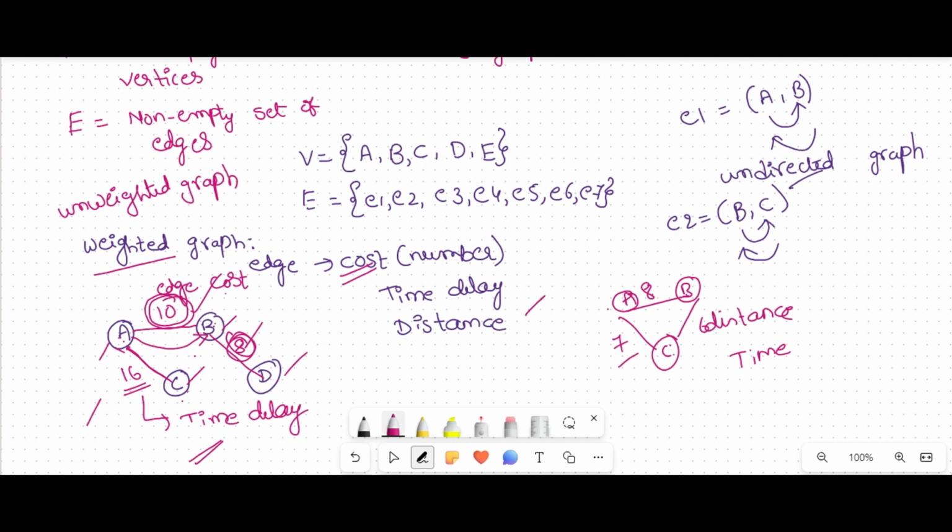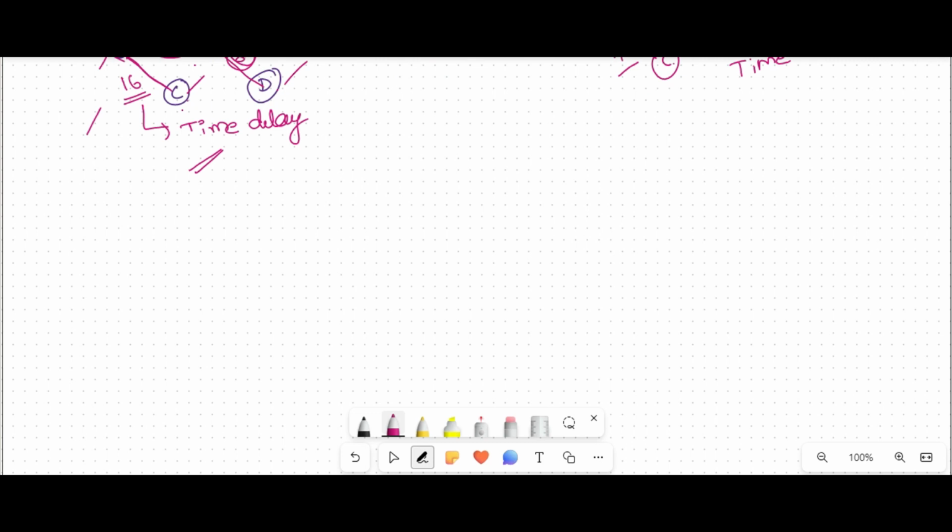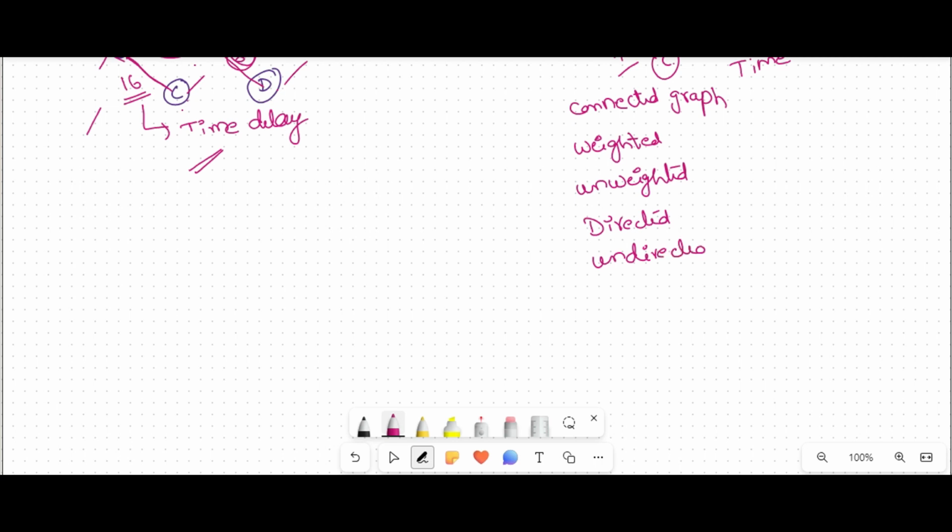Okay, students, till now we discussed different types of graphs like connected graph, then weighted graph, unweighted graph, directed graph, then undirected graph.